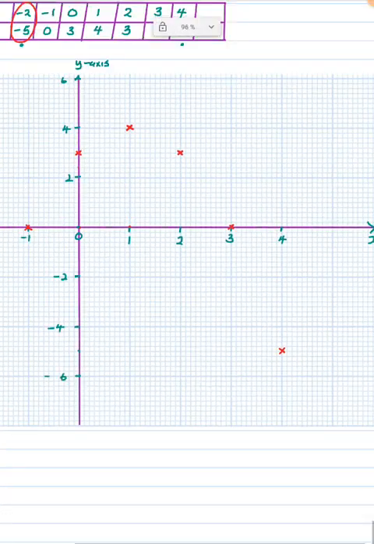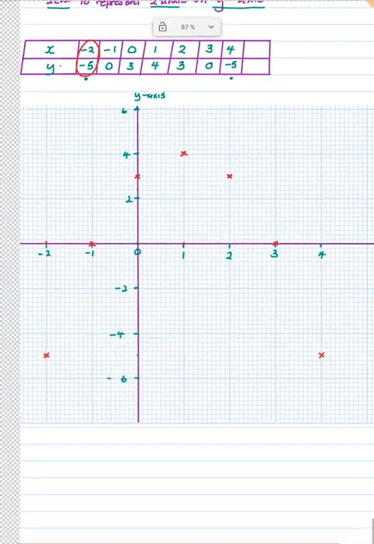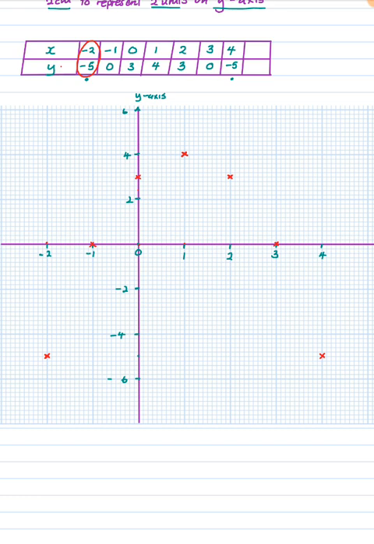So now we have the coordinates for this graph, and what we need to do is draw the graph. What we do is look at what shape our graph has.